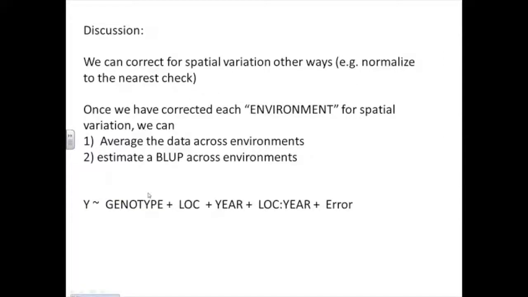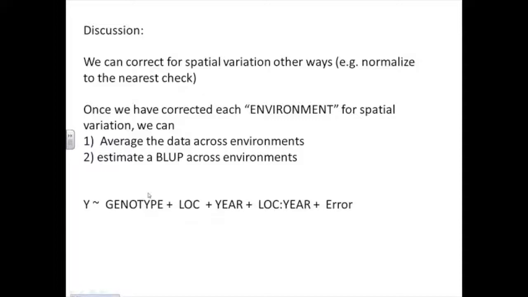All right, so we can correct for spatial variation other ways, like normalizing to the nearest check. Once we've corrected each environment for spatial variation, we need to combine that data. Now, since the correction has been made, some people will argue that you can just average it across those environments.